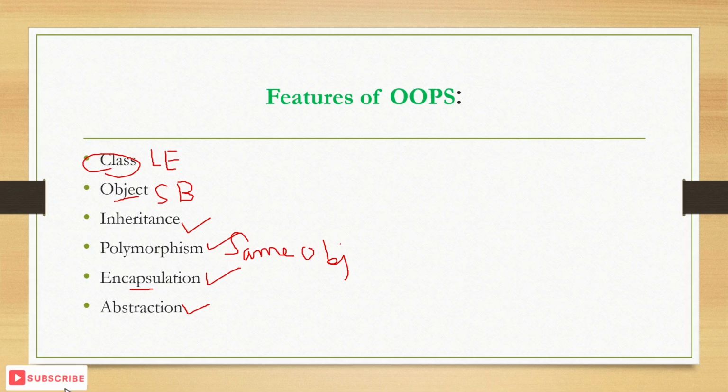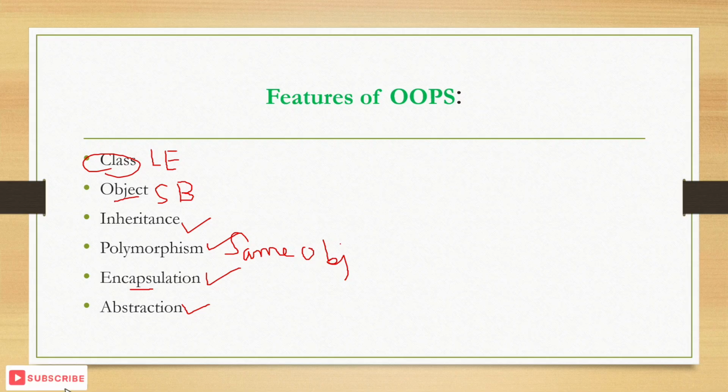Okay, there are certain types of inheritance as well, but in this video I'm just covering the brief features of OOPS. In the upcoming videos we will learn in depth regarding class, object, inheritance, polymorphism, encapsulation, abstraction. So no worries, stay tuned with my channel.